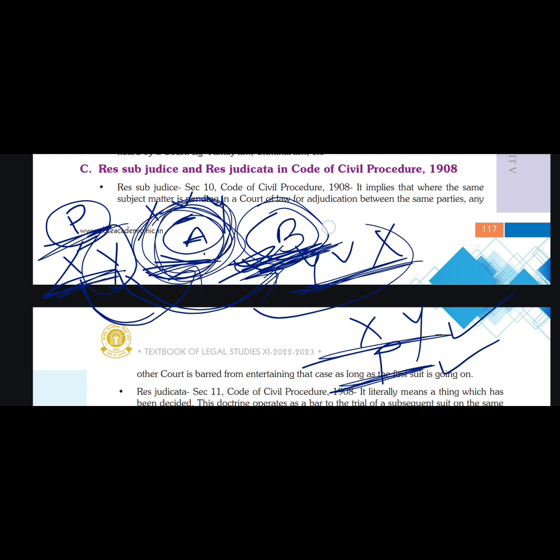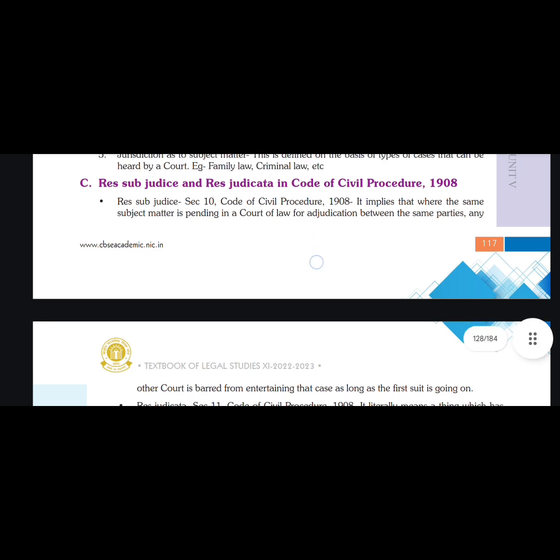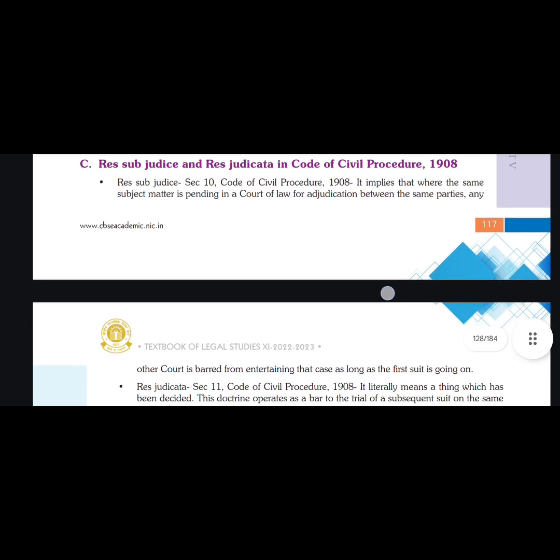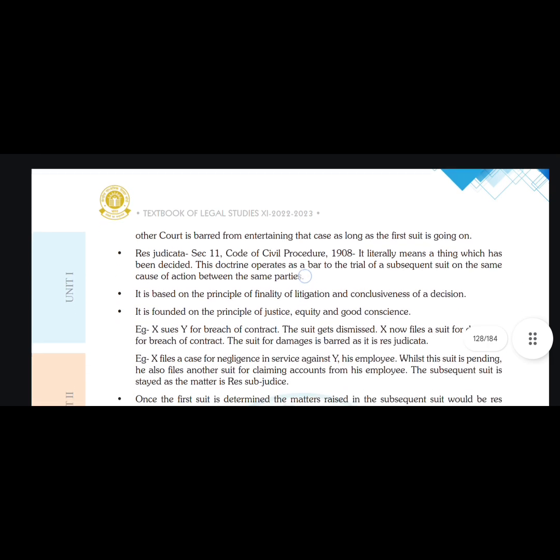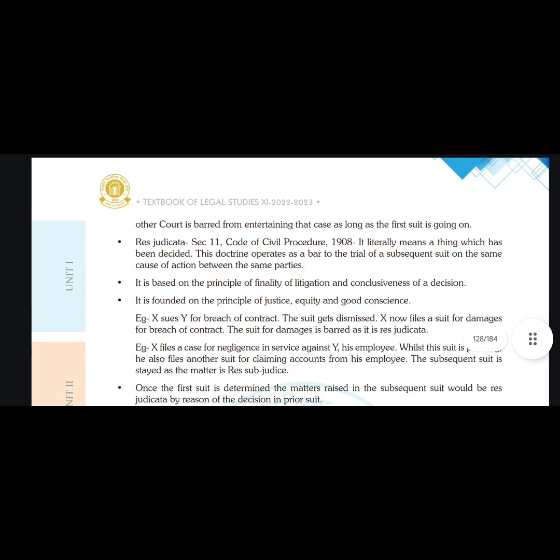So to avoid this, we have the principle of res sub judice. Now read what is given in your book. Where the same subject matter is pending in a court of law for adjudication, adjudication meaning deciding upon, between the same parties, any other court is barred from entertaining that case as long as the first suit is going on.